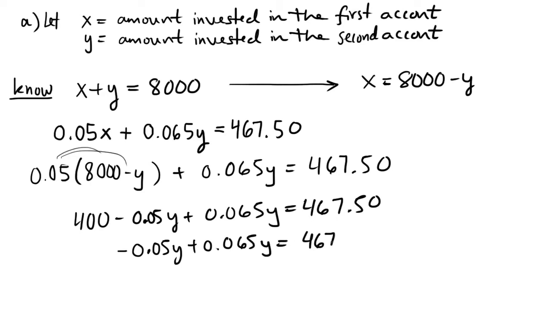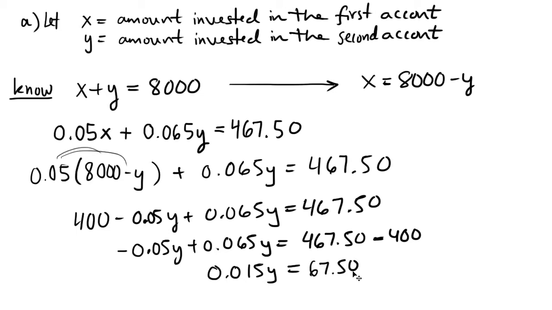So 467.5 minus 400. What is it when I add these here? Negative 0.05 plus 0.065, I get 0.015y. When I subtract these, obviously I get 67.50.